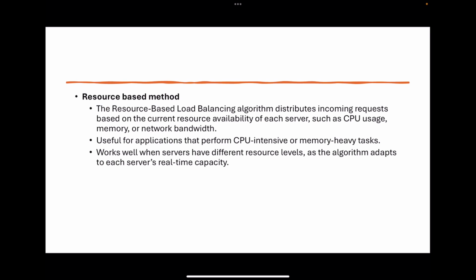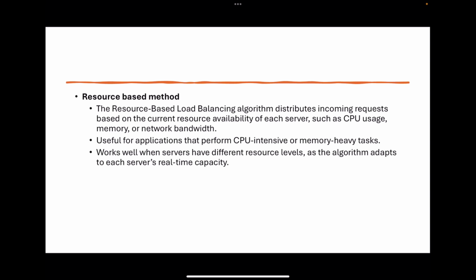The next and the last one in the dynamic load balancing algorithms is the resource-based method. The resource-based load balancing algorithm distributes the incoming traffic depending on the CPU, memory, and network bandwidth. These are a few parameters by which a server is basically ranked in terms of its capacity.